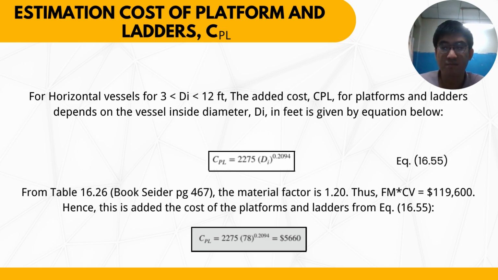From table 16.26 in Seider's book, page 467, the material factor is 1.0. Thus, Fm times Cv equals $119,600. Hence, this is added to the cost of the platform and ladders from equation 16.55, where CPL equals $5,660.